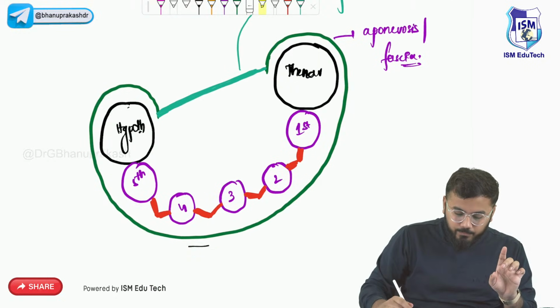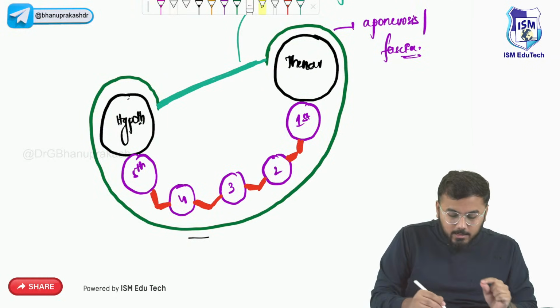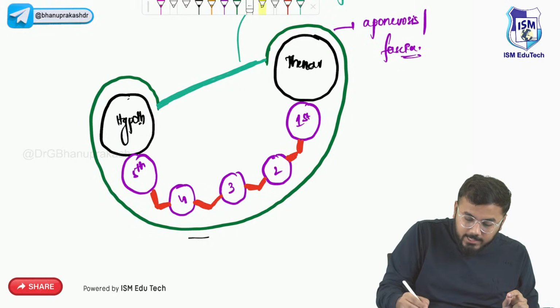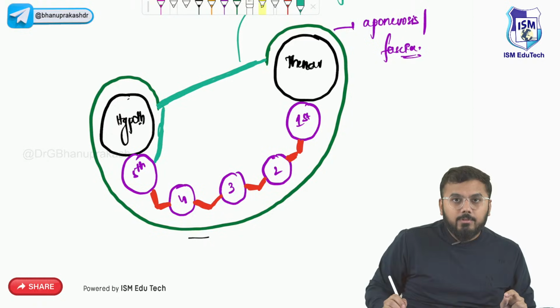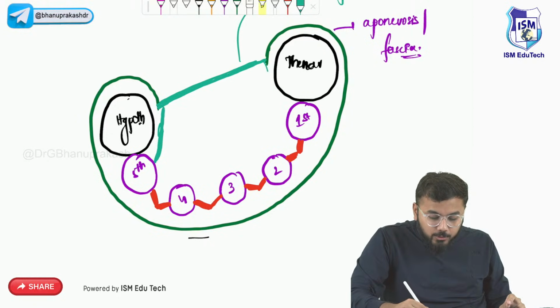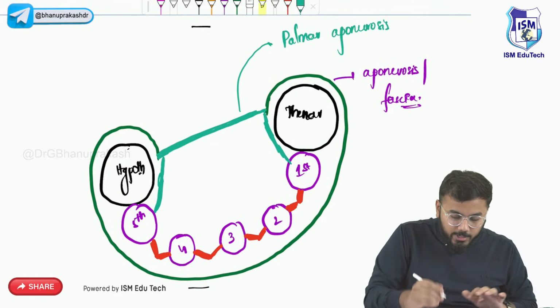Now look here. From the palmar aponeurosis to the fifth metacarpal, like this, I have got a septum that is attached. From the palmar aponeurosis to the first metacarpal, I have got another septum that is attached. Now, what are the names of these septa? Look here.